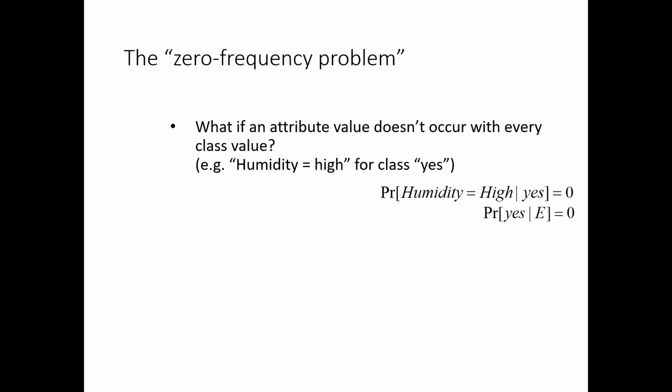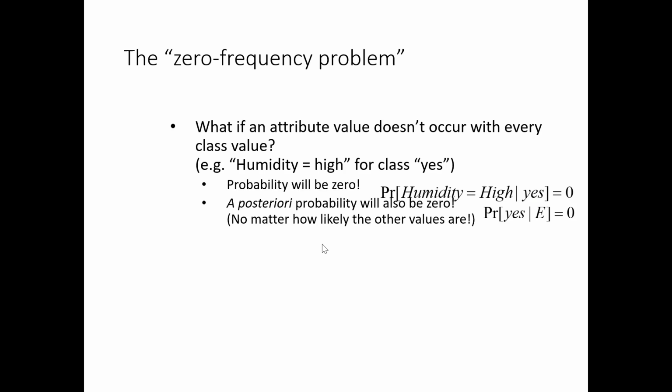So when we calculate the probability as 0, irrespective of other values, everything will become 0. So how do you handle this? There are many ways that you can handle it.